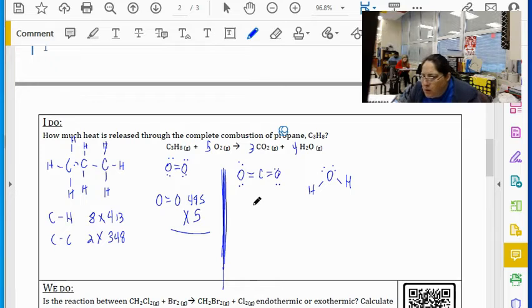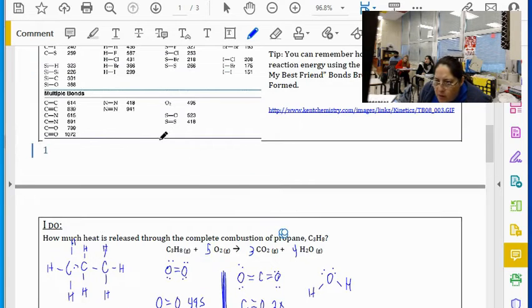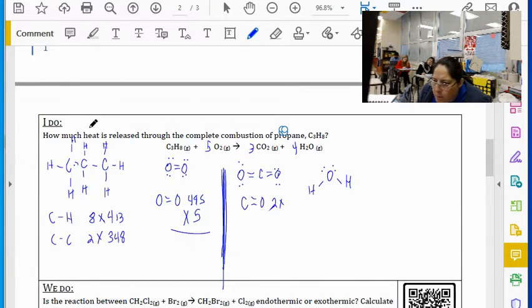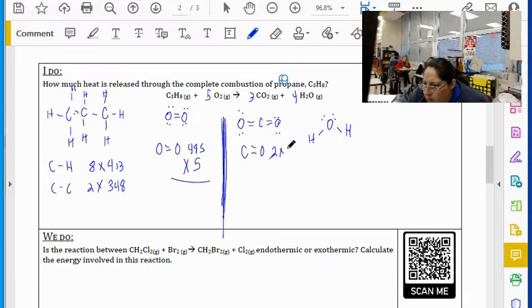So over here, I have an oxygen and a carbon bond. How many of those do I have, double bonded between a carbon and oxygen? 2. So 2 times, what does that end up being? 799, is that right? Are my eyes seeing that right? Okay. So 2 times 799, but then I need to take that answer and multiply by 3.